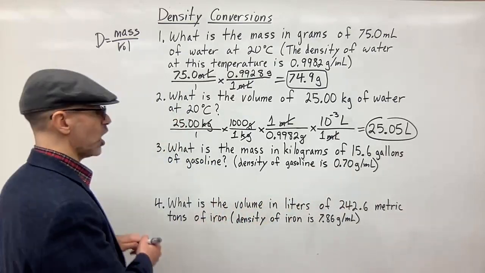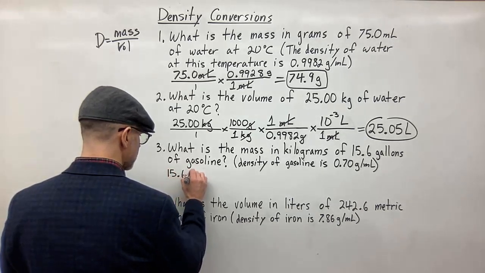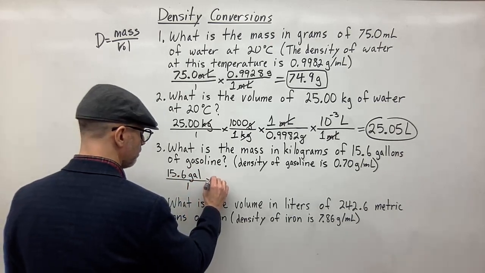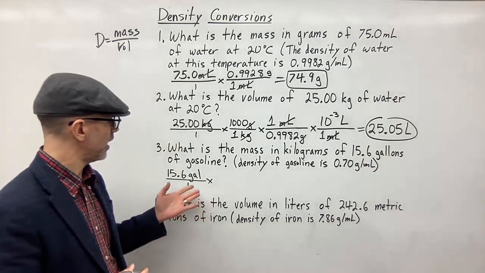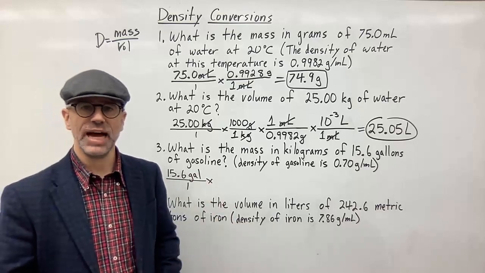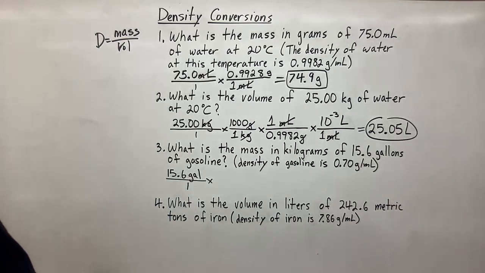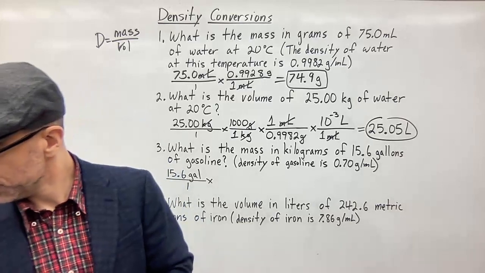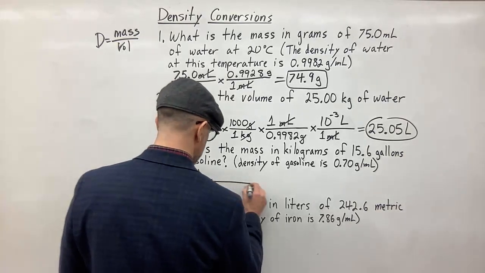So I'm going to start with gallons. They give me 15.6 gallons over 1. So I need to convert that to something that I can get to the milliliters. So let's convert that to liters. So 1 gallon is 3.78541 liters.